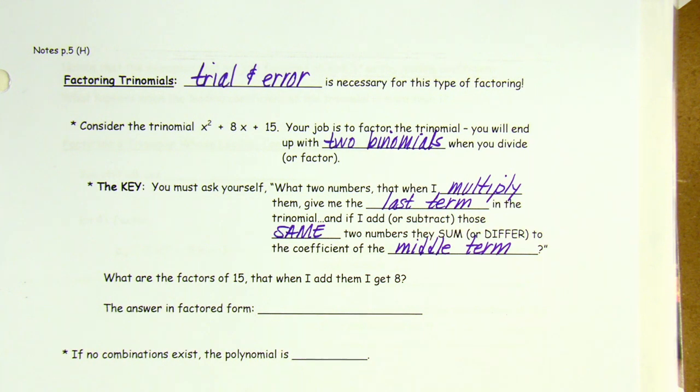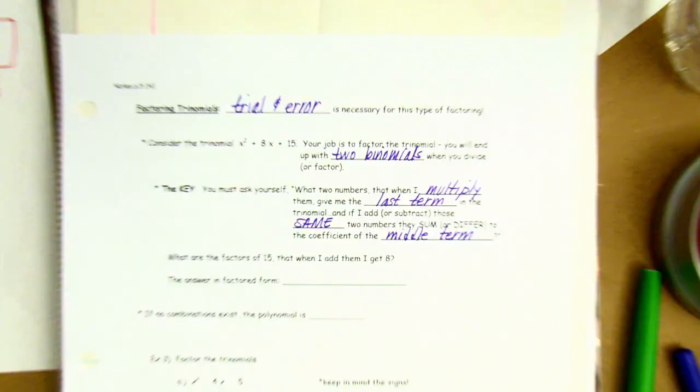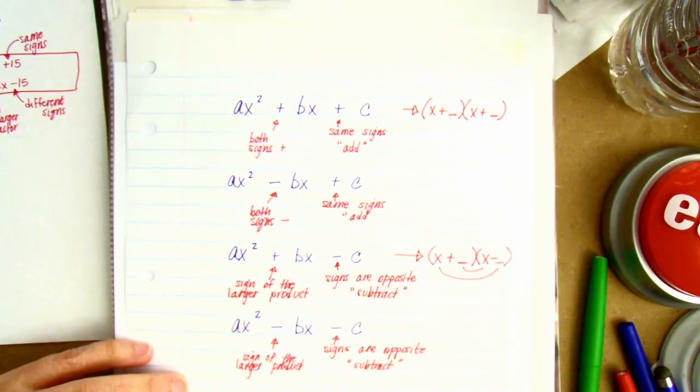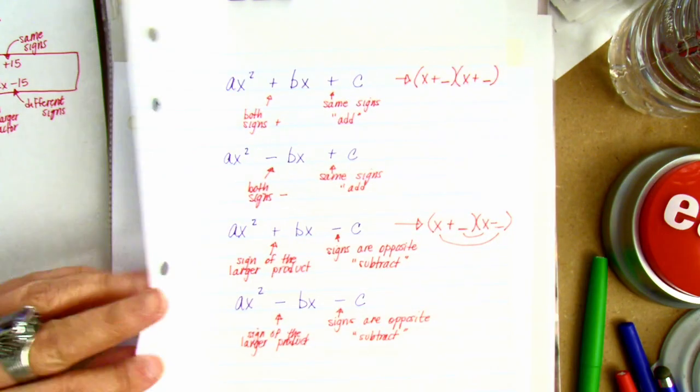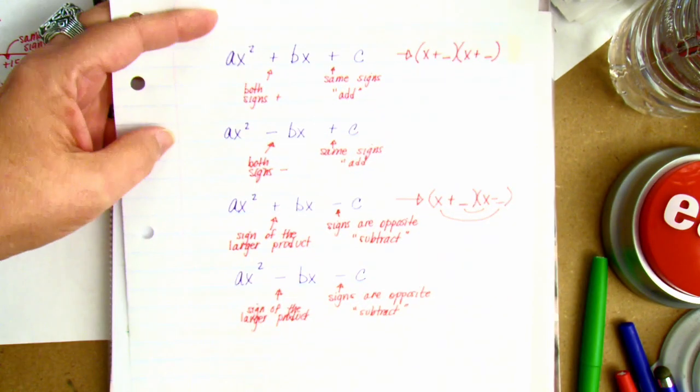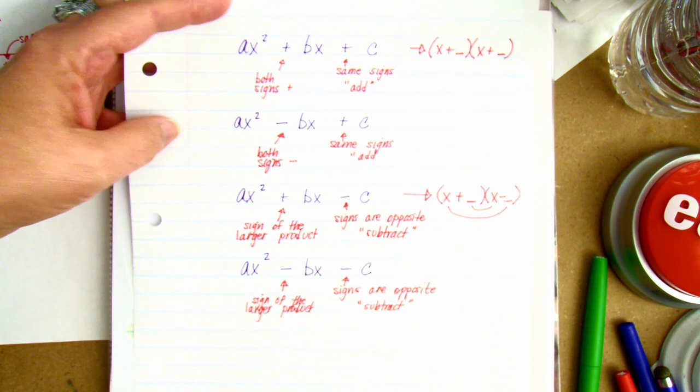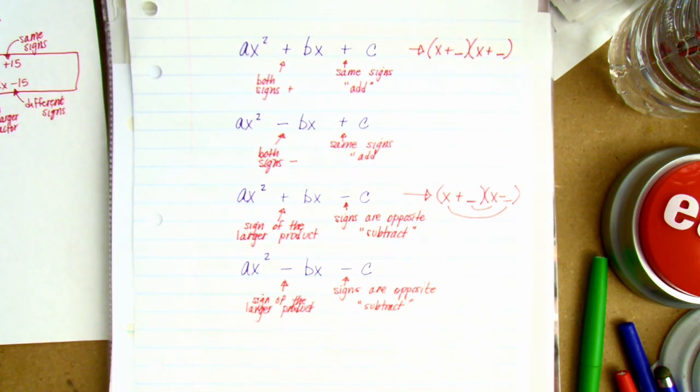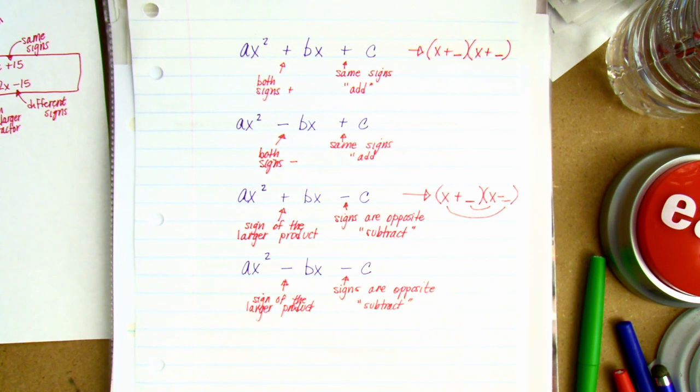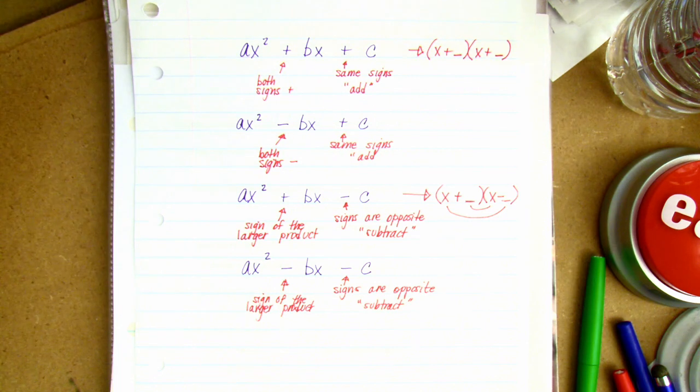Now, I'm going to put on the screen and zoom out for you something that I want you to copy. So, on a separate sheet of notebook paper, I want you to copy this down. I do not have it on a handout, and so I want you to copy it down because there is merit in writing things out in mathematics.